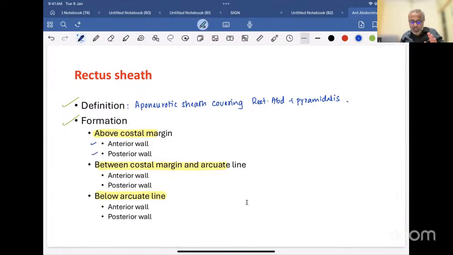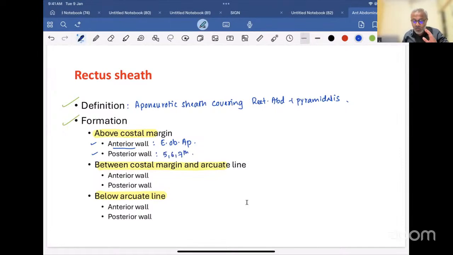So let's try to understand the formation. The anterior wall above the costal margin is formed by the external oblique aponeurosis. Then posterior wall. The posterior wall is deficient here. Here, the muscle lies directly on the 5th, 6th, and 7th costal cartilages.